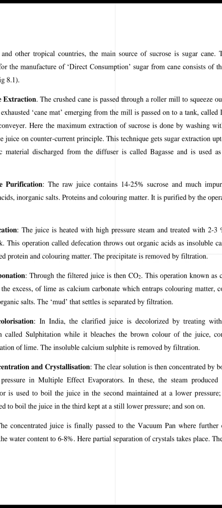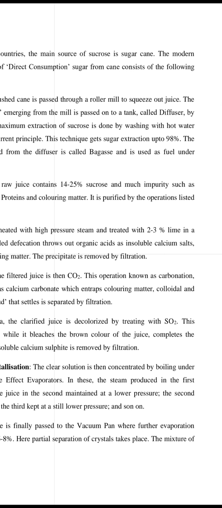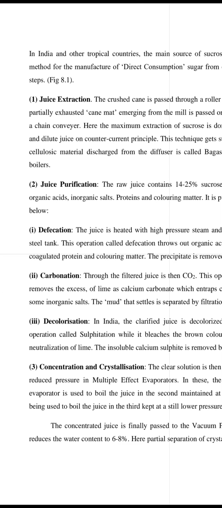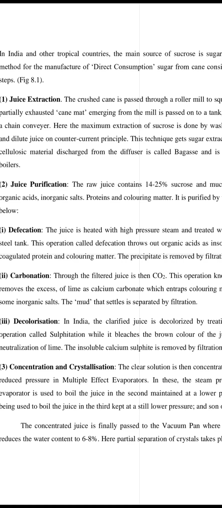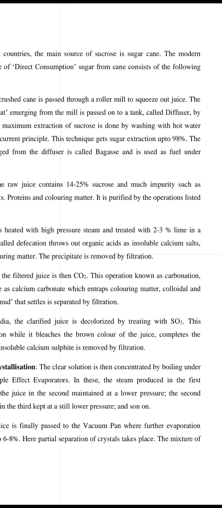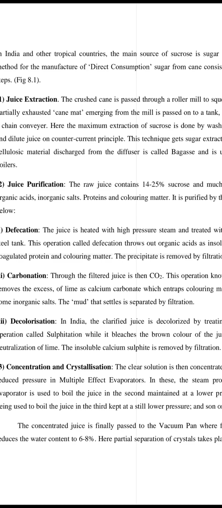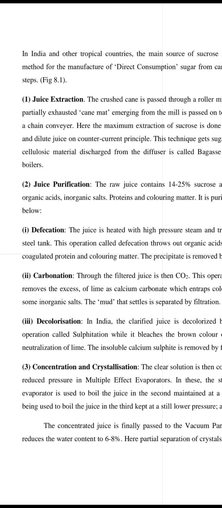In India, the clarified juice is decolorized by treating with sulfur dioxide, and this operation is called sulfitation. It bleaches the brown color of the juice, completes the neutralization of the lime, and insoluble calcium sulfite is removed by filtration.